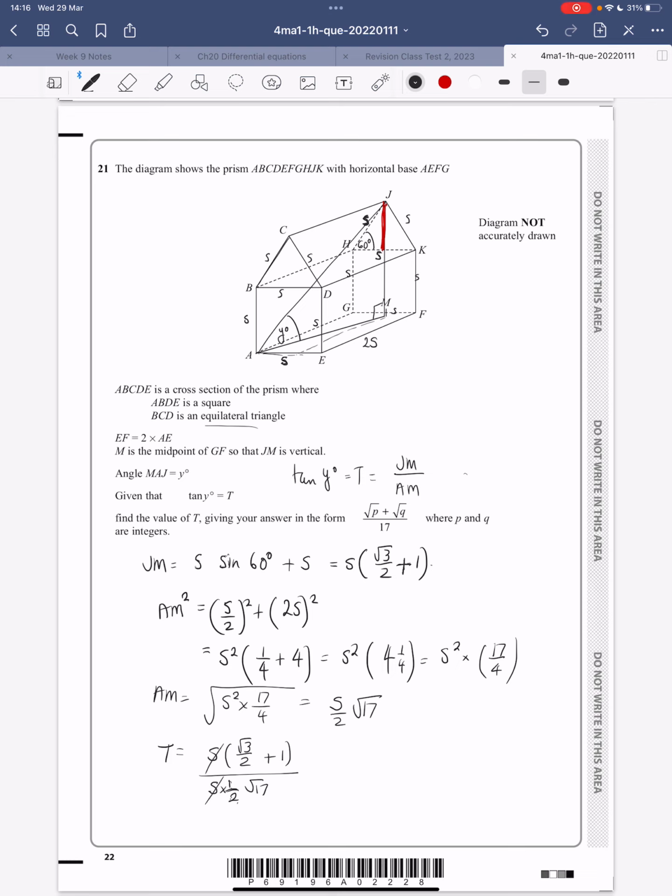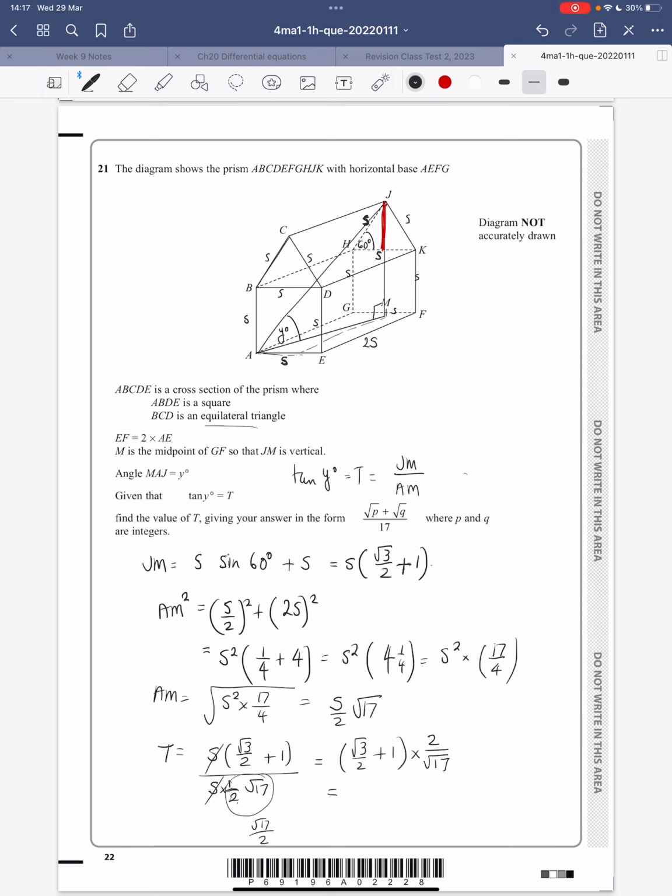The S's cancel, and then what I did wrong in my other video at the end of the other one, in this denominator here, this is root 17 over 2. If we divide by a fraction, multiply by its reciprocal, so it's root 3 over 2 plus 1 times 2 over root 17.